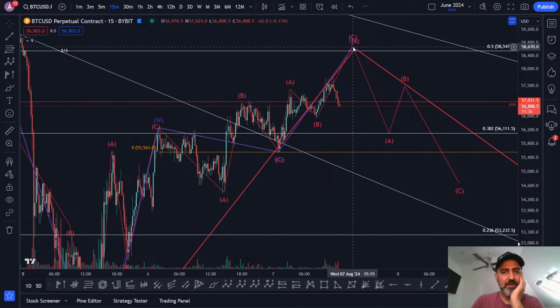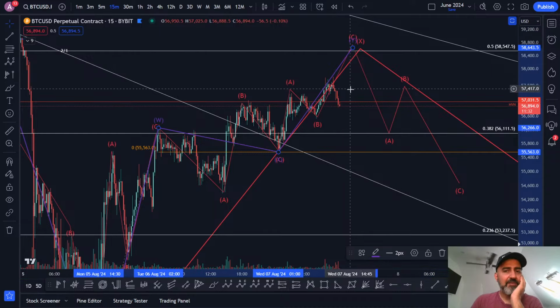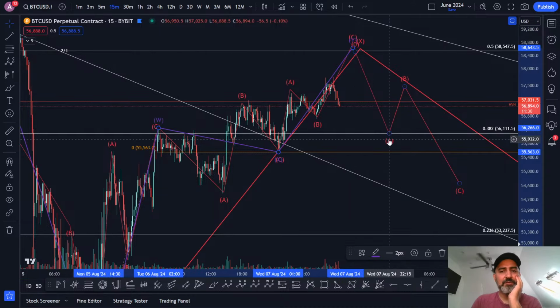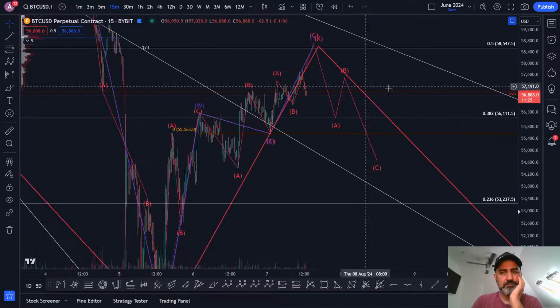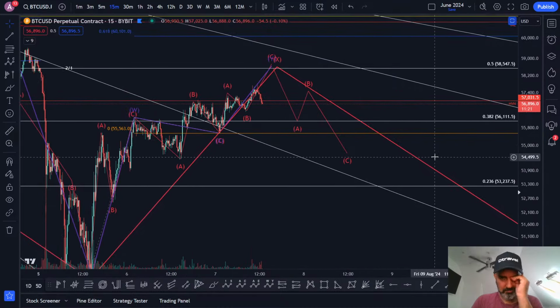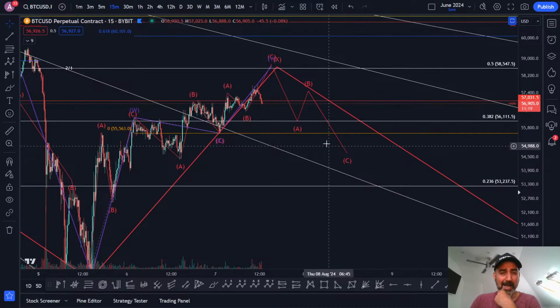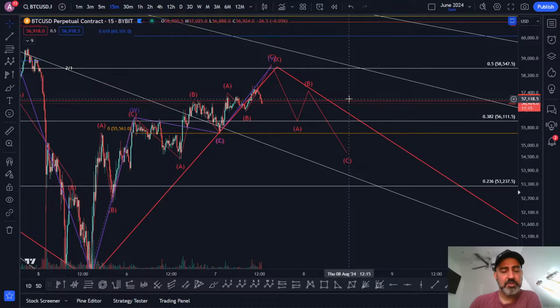It'd be very weak if that kind of ended there. I think it's quite weird if we don't hit that 50% after we've come back above the 382 as well. So let's see where we actually finally come to an end, to a rejection.